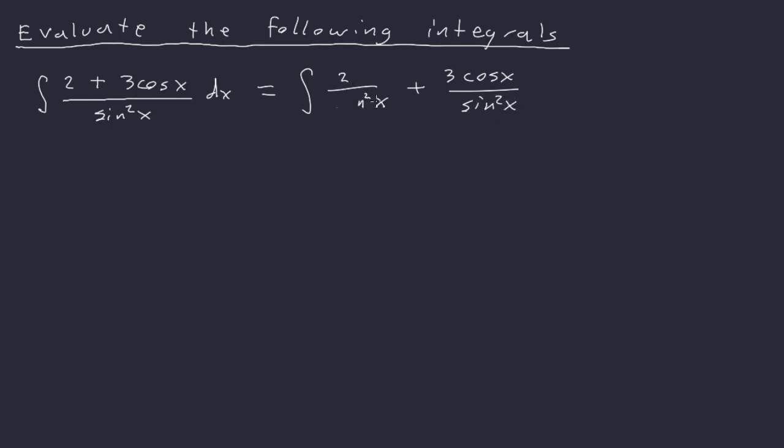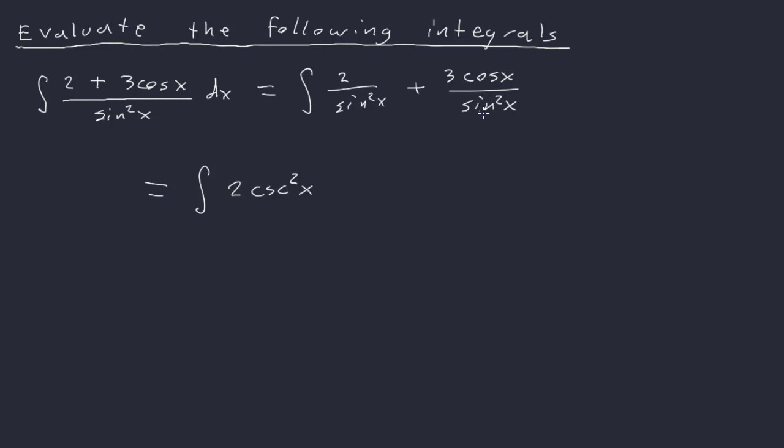Now, this 2 over sine squared x, well, 1 over sine squared x is going to be cosecant squared x. So I could rewrite this as 2 times cosecant squared x. Now this one's a little trickier.